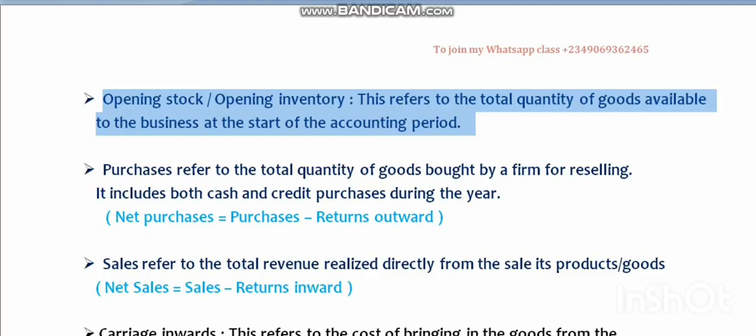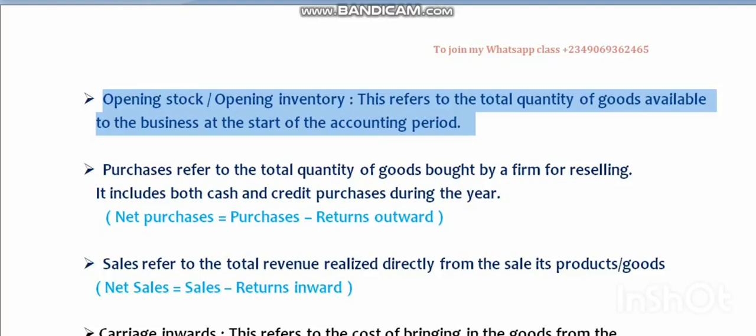So the closing stock of the previous year automatically turns to opening stock, because it is what the business will start trading with before they start making new purchases. The quantity of goods available in the warehouse while they make new purchases is called opening stock.